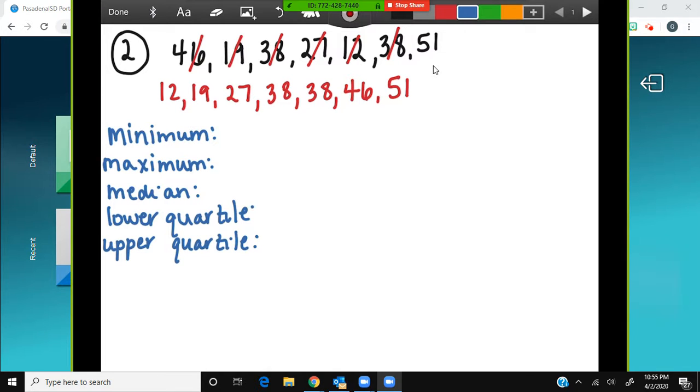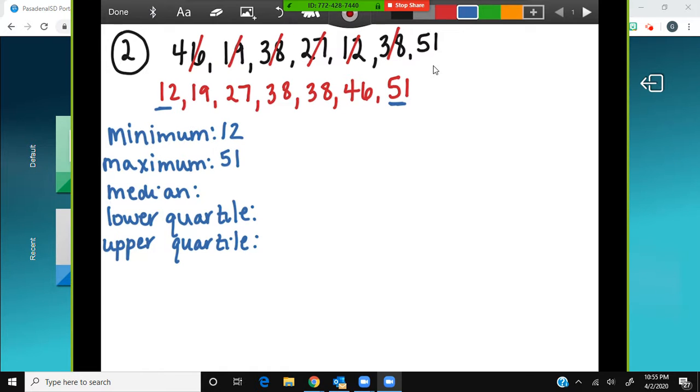The first two that I can get right away are the minimum and maximum. We know the minimum is the smallest, so in this case it would be 12 because it's all the way to the left. And then the maximum, which is the largest, would be 51, which is all the way to the right.